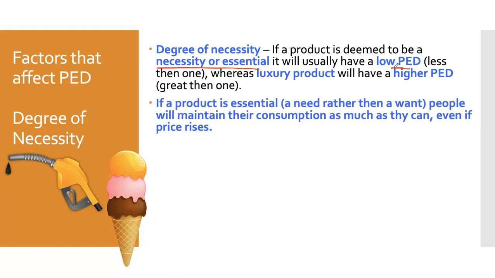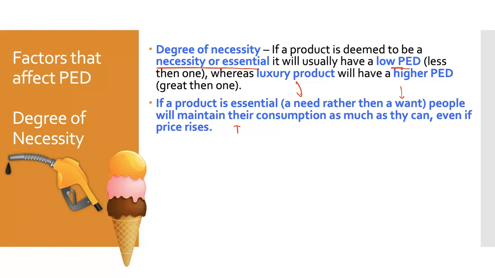So if a product is essential, as I talked about, really what I mean by that, it is a need rather than a want, people will maintain their consumption as much as they can, even if price rises. So it's going to be low.